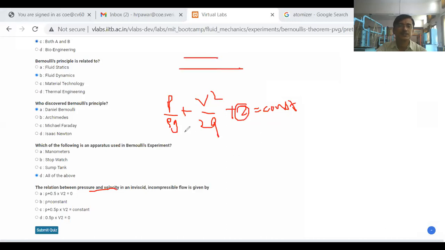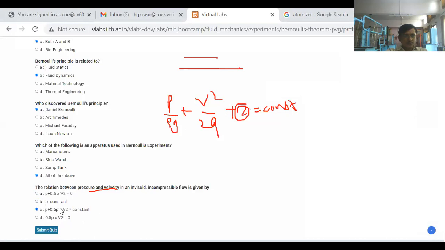So the relation between these two, pressure and velocity. Option 1? No, it is equal to 0, as mentioned. Then option B, P equal to constant, is also not the option.